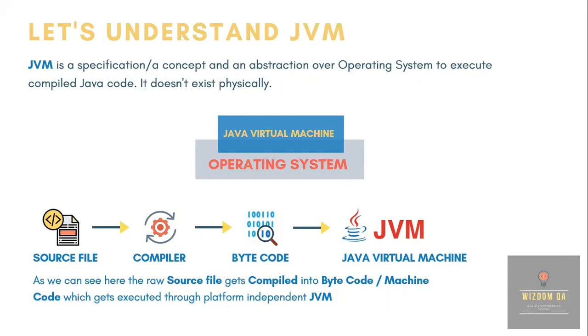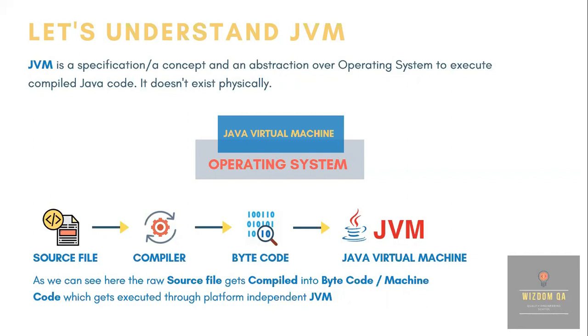The whole idea is that the Java program doesn't need to run directly on the operating system. Because we have Java Virtual Machine on top of the operating system, the program will actually run within Java Virtual Machine, and then Java Virtual Machine will interact with the operating system in order to produce the result. That's it. Okay, so let's look at this bottom diagram here. We have a source file, which means a simple Java program.